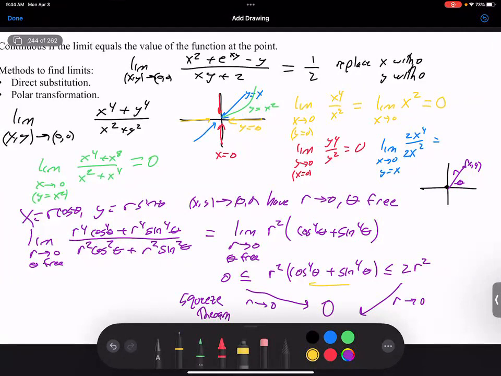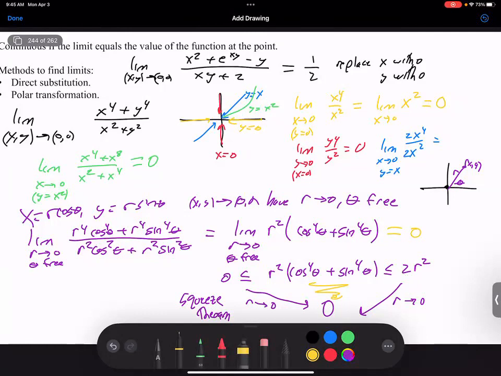No matter what this does, it's squeezed somewhere in between two things that are going to 0. It's greater than or equal to something going to 0, and less than or equal to something going to 0. So what does it have to go to? It has to go to 0. And so that is the proof that x to the 4th plus y to the 4th over x squared plus y squared does go to 0 as xy goes to 0, 0.